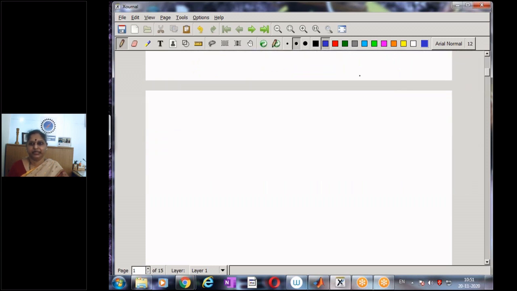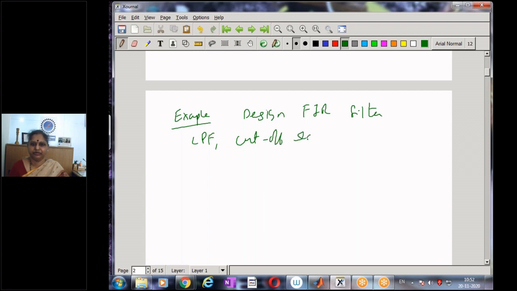So now we'll take up a specific example. Let us say our aim is to design an FIR filter, a low pass filter with a cutoff omega c given by, say, pi by 4 as an example, and say length N equal to 7.